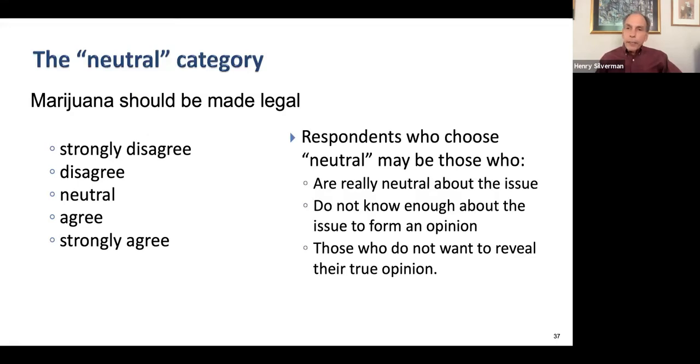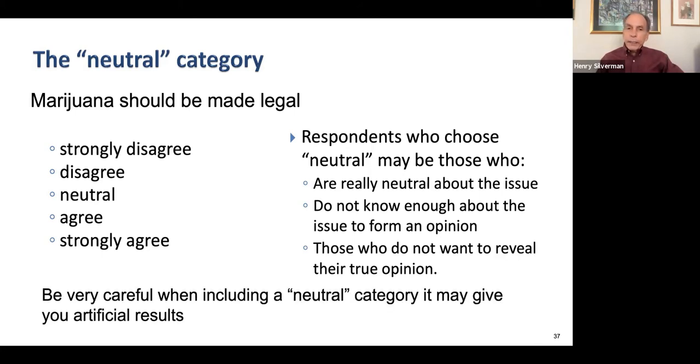However, you have to be careful here. Respondents who choose neutral, and that's the only choice they have, respond neutral because they are really neutral about the issue, or they do not know enough about the issue to form an opinion, or they may not want to reveal their true opinion, even though it's an anonymous questionnaire.